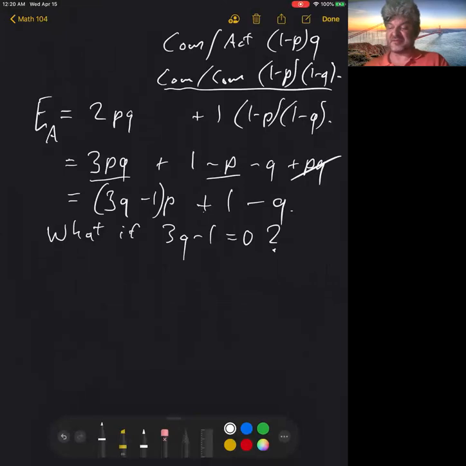Then this P here gets multiplied by 0, so it doesn't matter what A chooses.